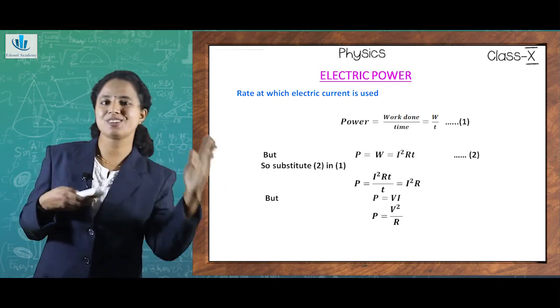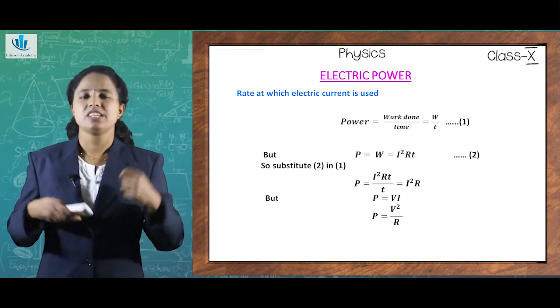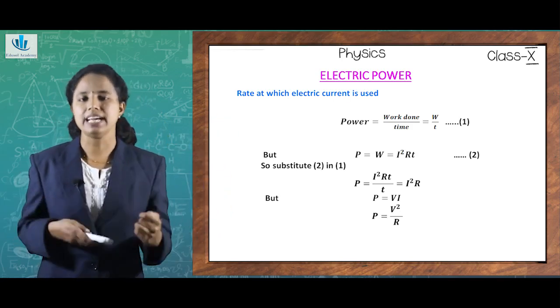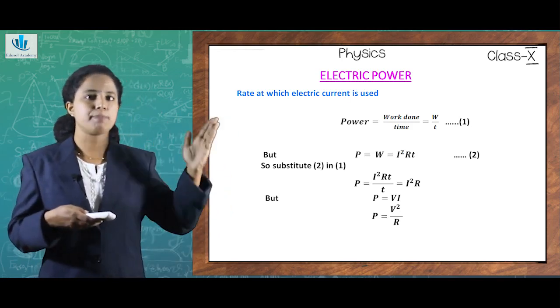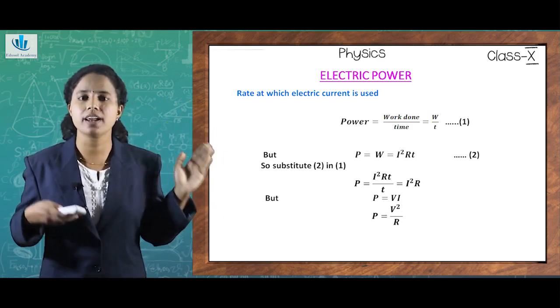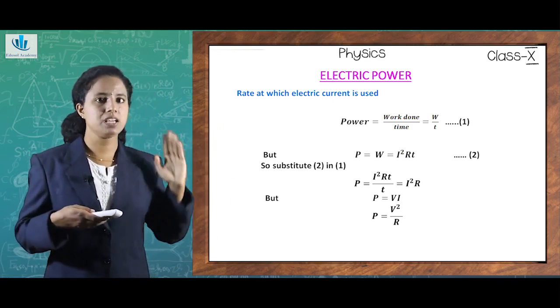H equals I square RT, W equals I square RT, isn't it? So I substitute my second equation in the first, P equals W by T, and instead of W, I substitute I square RT. So what do you get? P equals I square RT by T.